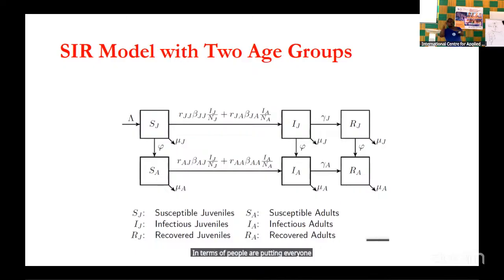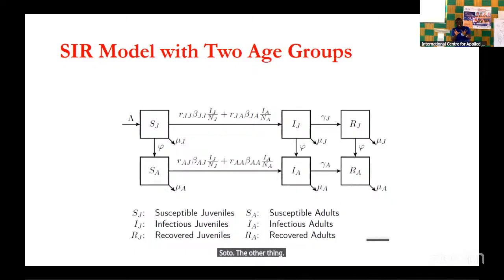It's when you begin to put in heterogeneity that you are making it a bit more individual, sort of. Then you begin to change the structure of the model. So that's why, if you look at the case, the R0 for a homogeneous model will differ from the R0 for a heterogeneous model.